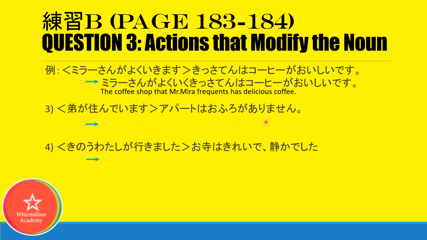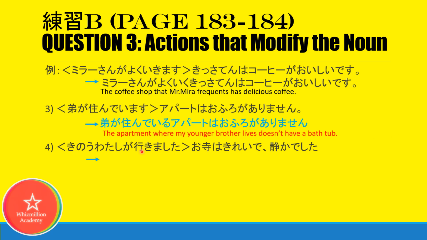So by combining these two sentences, we know that 弟が住んでいるアパートはお風呂がありません。The apartment where my younger brother lives doesn't have a bathtub. Right? So the second attribute that we know about this apartment is this is the apartment that my brother lives in. Okay?